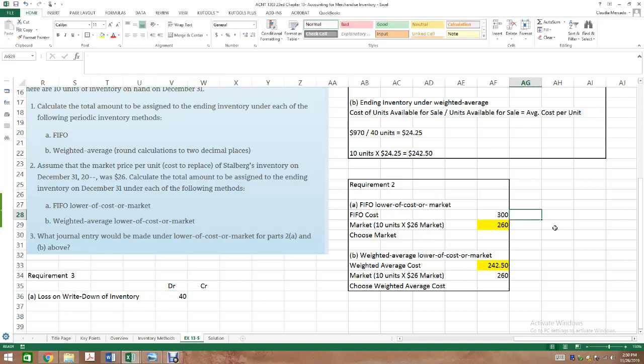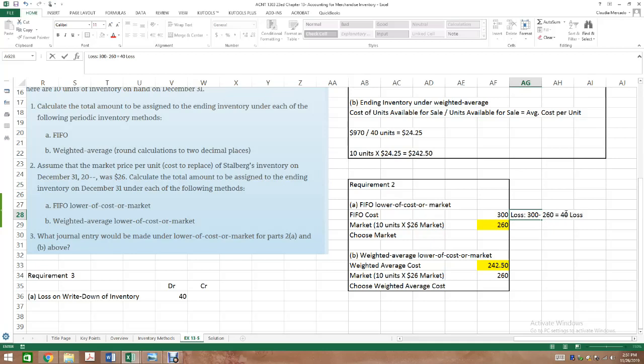My loss is calculated by the 300 minus the 260, so that's a $40 loss. My inventory is valued at 300, I should be valuing it at 260.